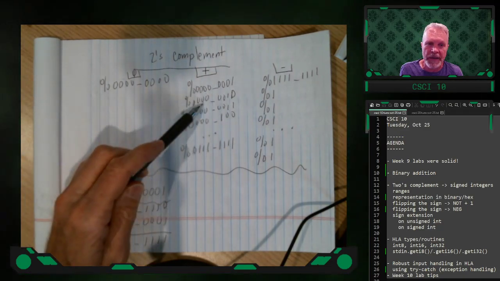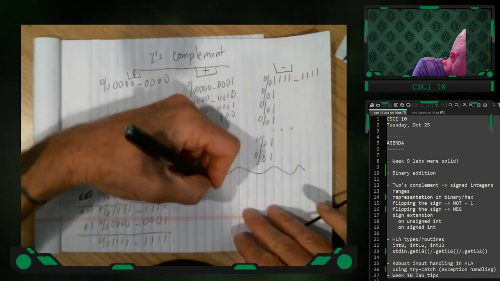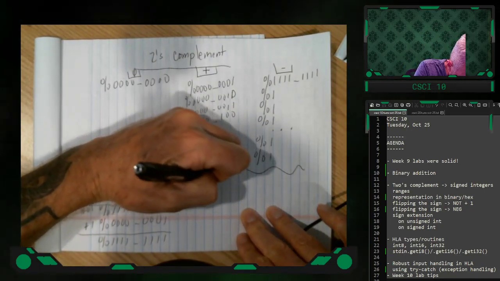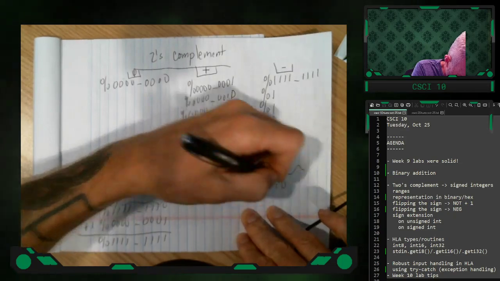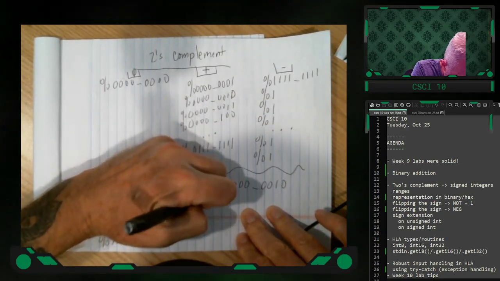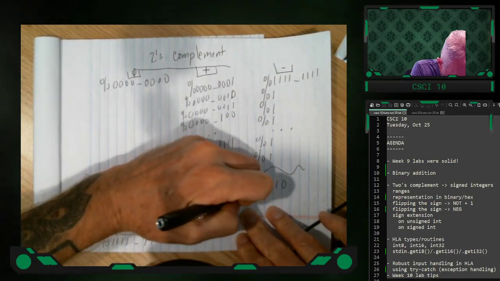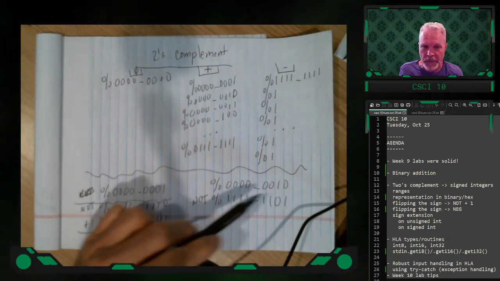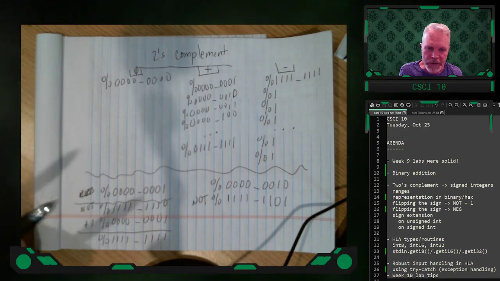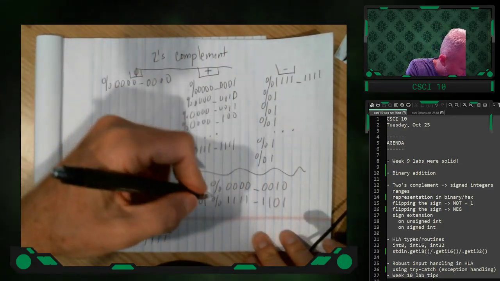Let's try positive 2. So if we take positive 2, we not positive 2 to get this, which is literally just every bit reversed. And then we add 1.